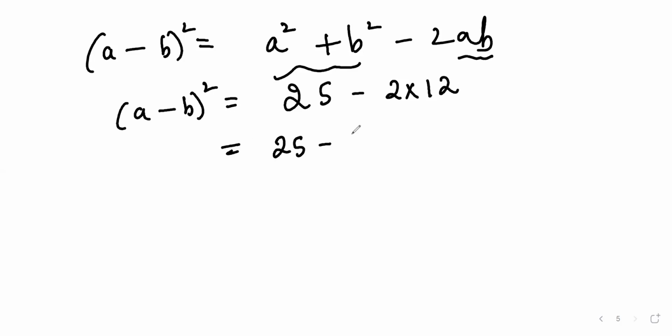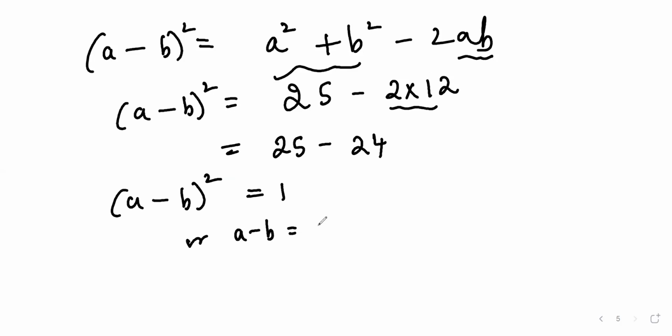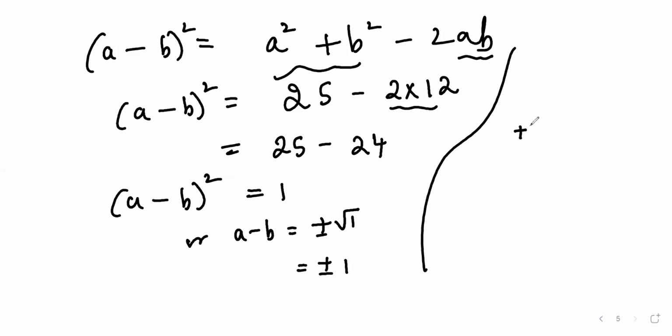So 25 minus 24 is 1. So a minus b the whole square is 1, or a minus b will be plus or minus root of 1, which is plus or minus 1. Because when you square 1, you get 1, and when you square negative 1, you still get 1. So that is it.